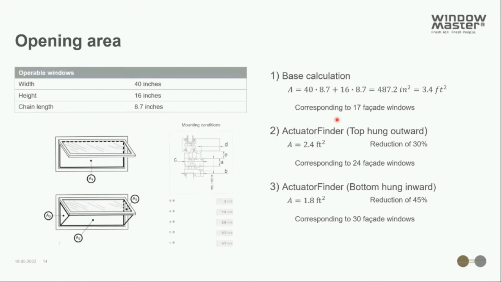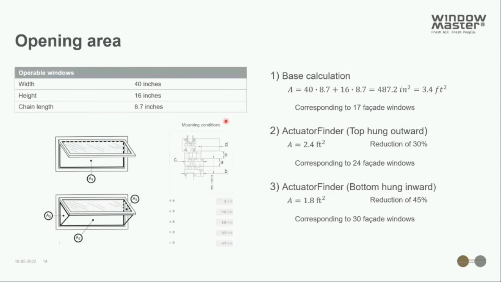However, at WindowMaster, we have actually made a tool called the Actuator Finder, which can help you find an actuator, as the name implies, but it can also calculate the opening area of a window, and very precisely, in fact.